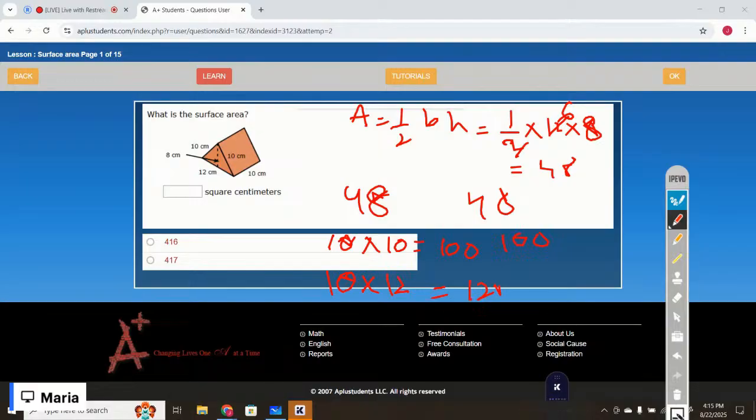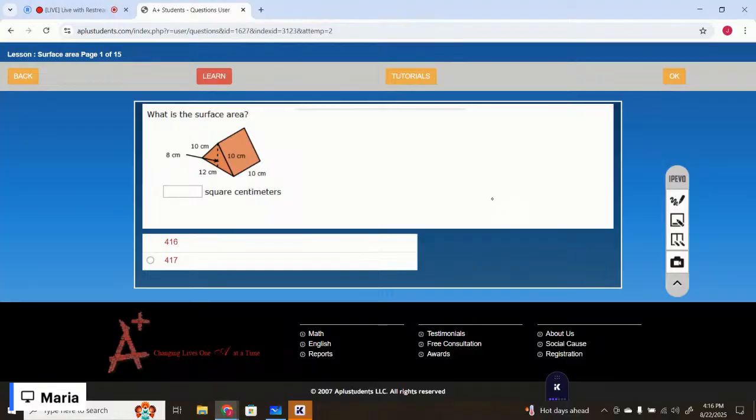That is 416. Option number 1 is the correct option.